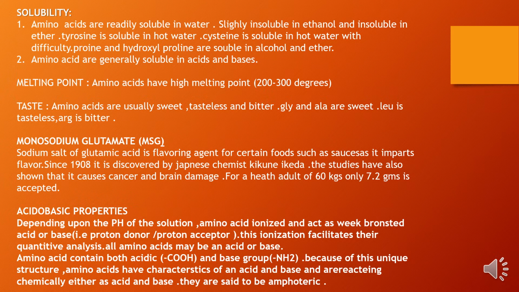For a healthy adult of 60 kgs, only 7.2 gram is accepted. So you have to be very careful whenever you are using it, if you're having food systems or cooking centers or anything. You just have to use a very small amount of MSG.